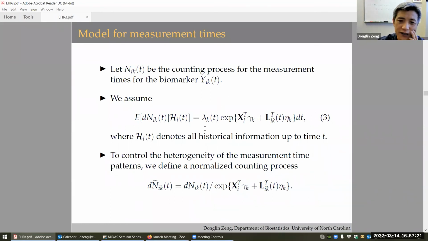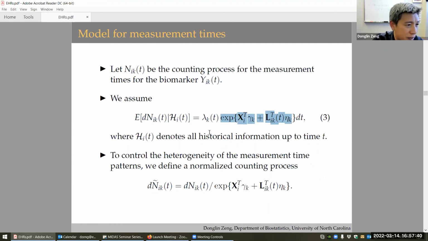The thing is, this is like an intensity, basically like a density. And this is a common baseline density. This part goes into the counting process intensity through a multiplicative scale.